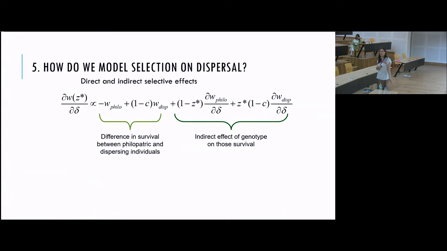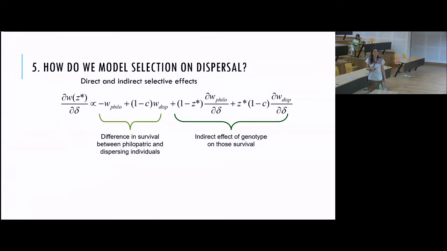If this is negative, for instance, you start with a strategy with some dispersal rate, and the selection gradient is negative. What will happen to the dispersal rate in the population? It will go down. It will always go down because it does not depend on what the dominant strategy does. It will always select for lower dispersal because they just have a better fitness. So the only ESS strategy would be 0 for the dispersal rate. Conversely, if this is positive, and this selection gradient does not change with the strategy, then you will always have increasing dispersal.